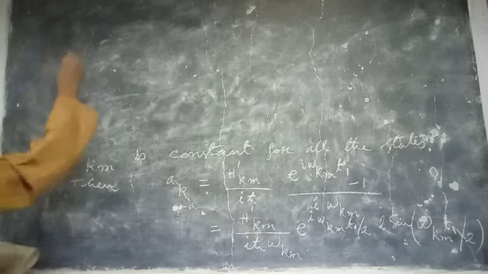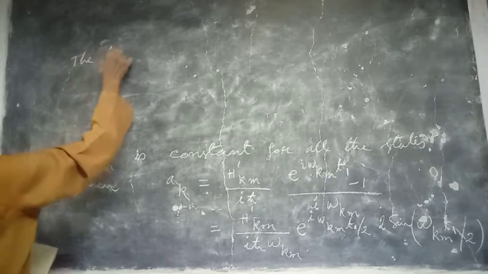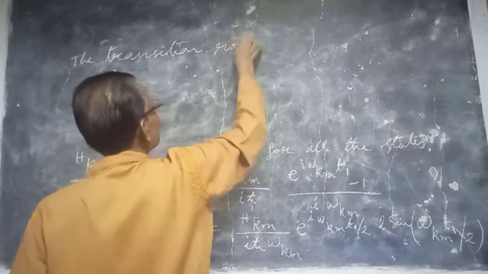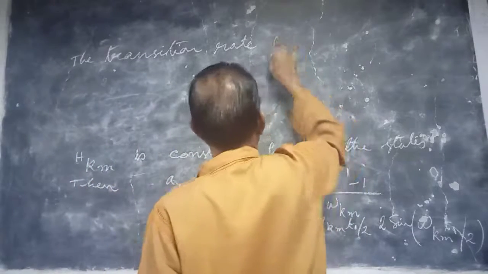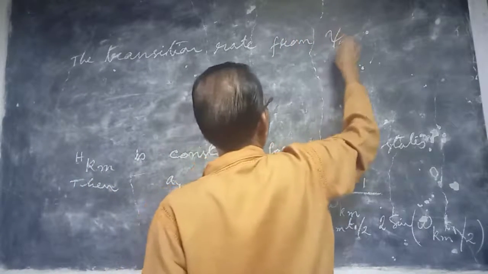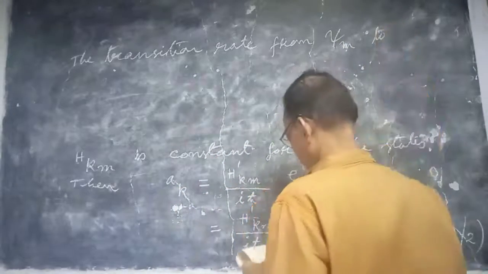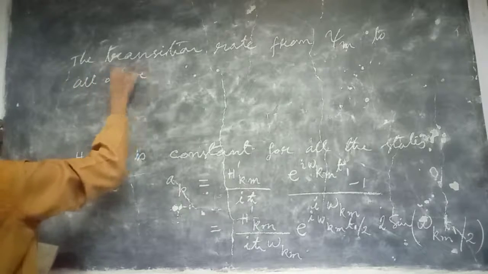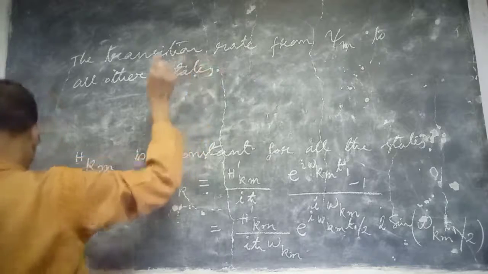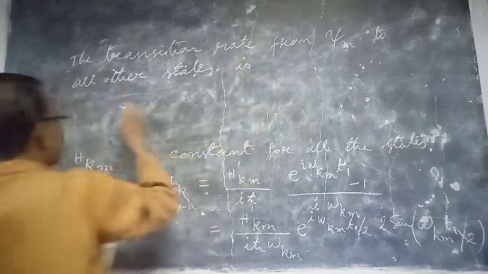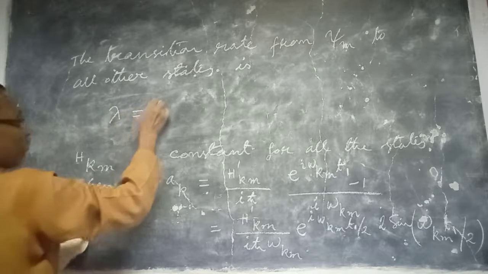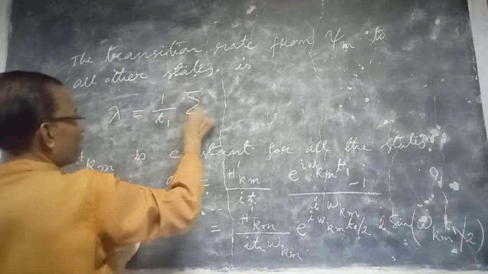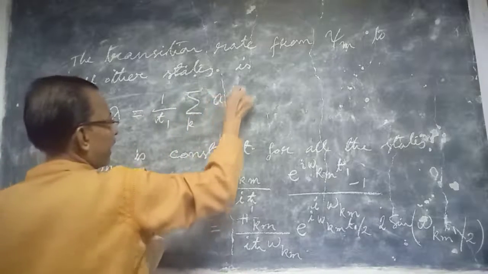So the transition rate from the initial state psi m to all other states is given by, suppose lambda is the transition rate, that is 1 by t1, where total time is t1, sum over k, you get ak mod square.